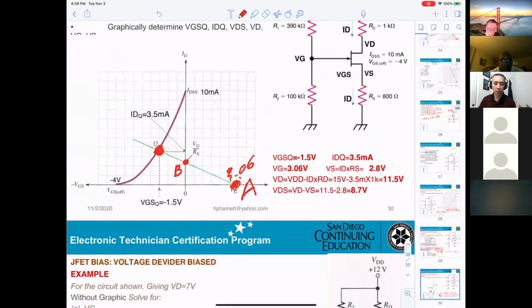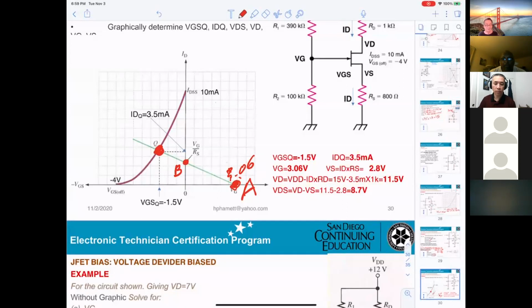That's what you get, the Q. Okay? And if you go to the right, you can get the current IDQ is 3.5 milliamp. If you want the VGS, going down, then VGSQ equals minus 1.5. So either for self bias or voltage divider bias, you need the graph.